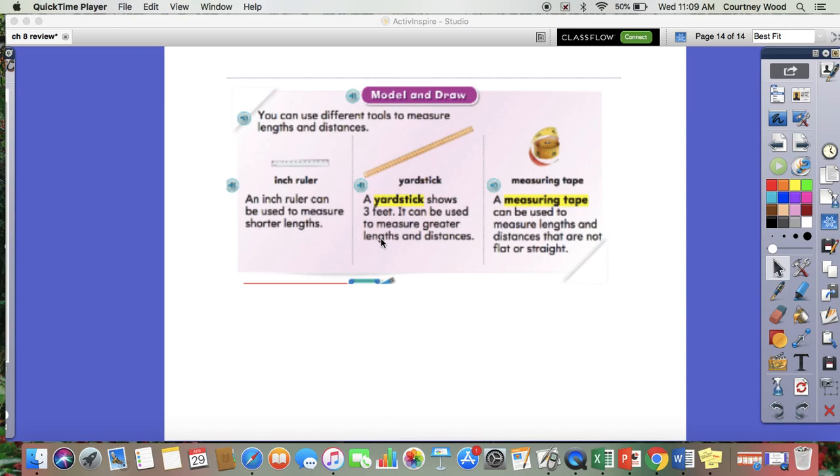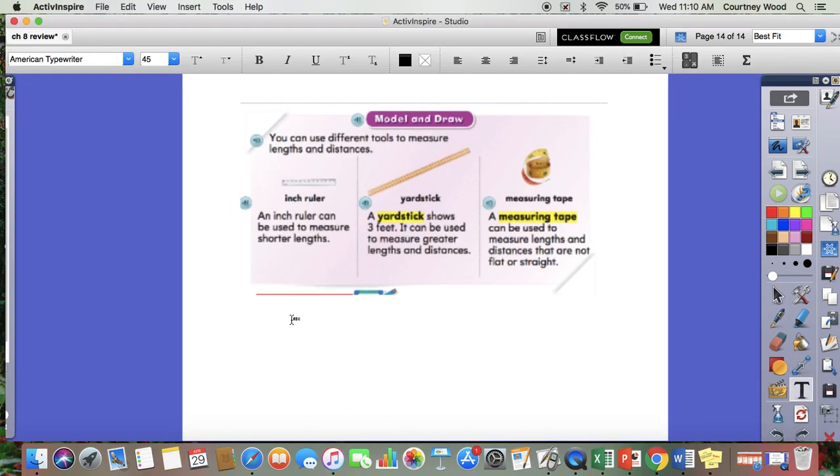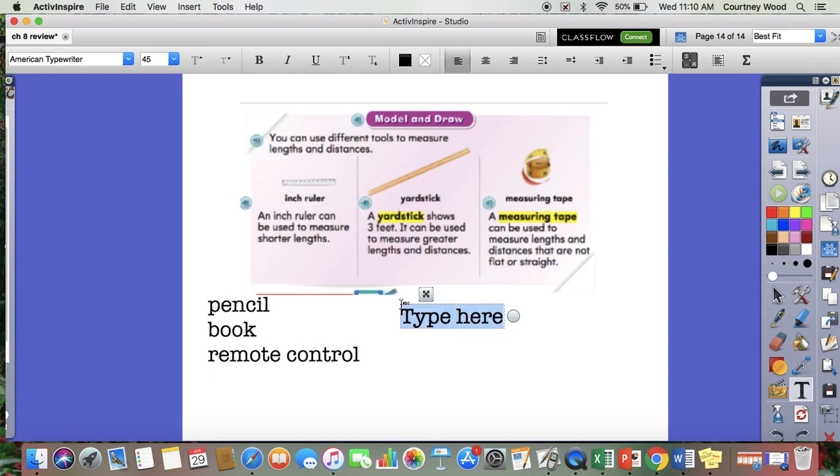Now remember, friends, you want to go over what an inch ruler, a yardstick, and a measuring tape are used for. So an inch ruler can measure shorter lengths, so something small, like a pencil or a book or even a remote control. A yardstick shows 3 feet, so it can show something of a greater length of distance, like a room, like how tall a door is.